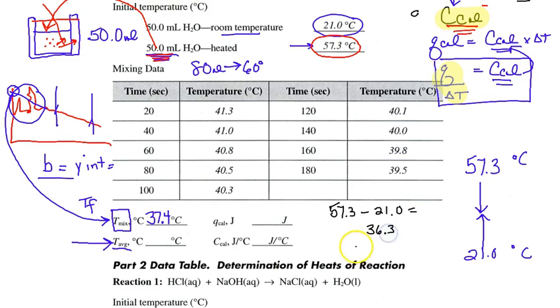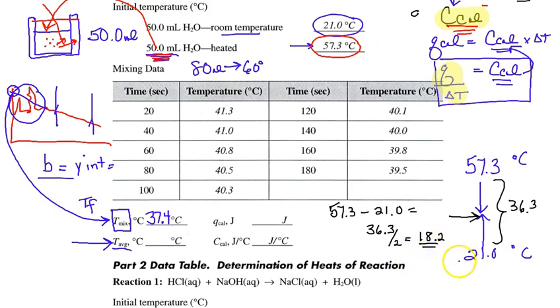All right, now that means this distance here is totally 36.3. But again, I want to know what temperature I would be at if there's no heat loss. So I'm going to divide that by 2. And what I get by dividing by 2 is, let's make it 18.2, rounding that off.